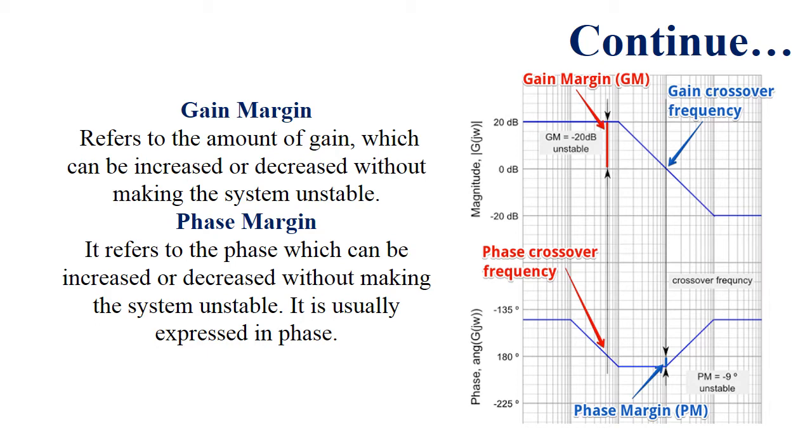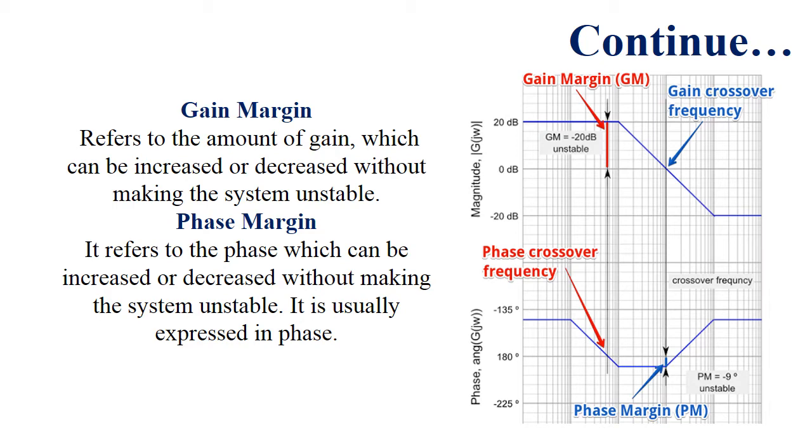If we look at the picture, then our reference, the crossover frequency in this diagram, is 0 dB gain. And we have the current problem gain of 20 dB. So the difference between the actual system gain and the crossover gain is -20 dB. So this is our gain margin.